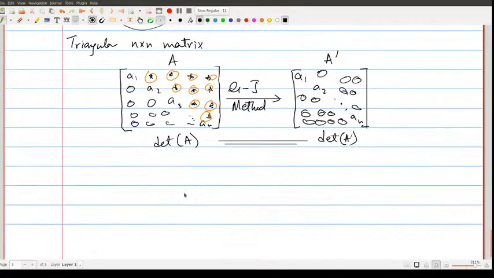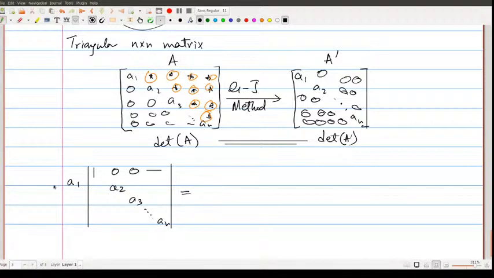Then I'm taking the determinant of a matrix whose first row becomes 1, 0, 0, all zeros, and the rest of the rows remain unchanged: A2, A3, up until AN.